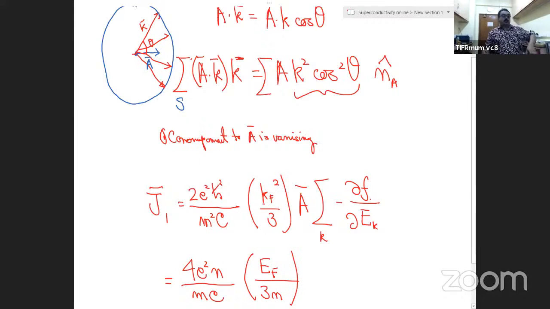So h cross square kF square by 2m is EF, the Fermi energy. That is what I have put here. It will be clear in a moment why I am doing this circus. One minute.